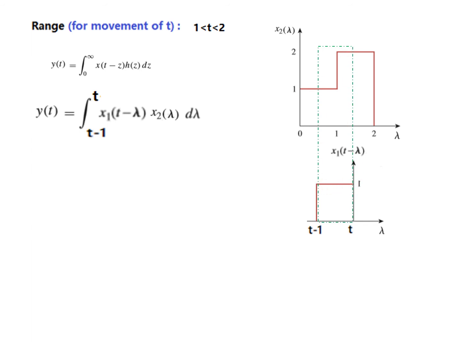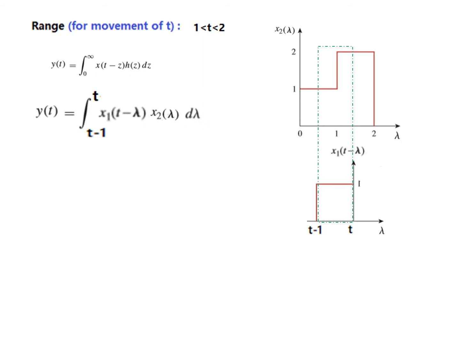It starts from t minus 1, not clear from here but clear from here, so t minus 1. Similarly, the upper limit is t. So these are the two limits and the signals multiplying.